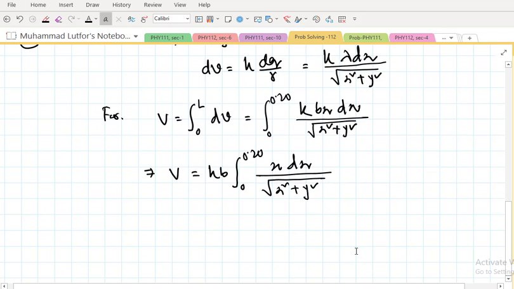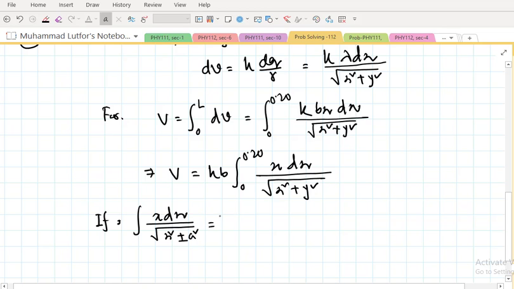Now this is an integration formula. You probably know it. If this is the known formula, the integration of x into dx over root of x square plus or minus a square, I'm writing the general formula, would be root over x square plus or minus a square.